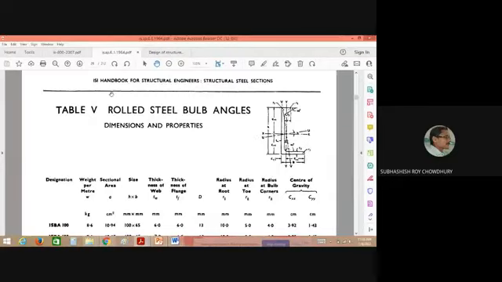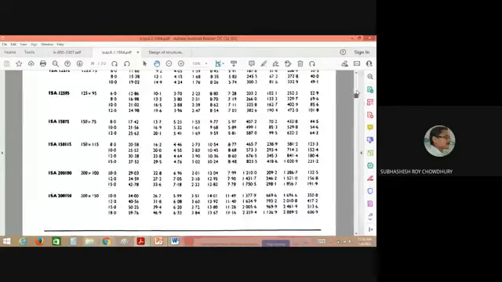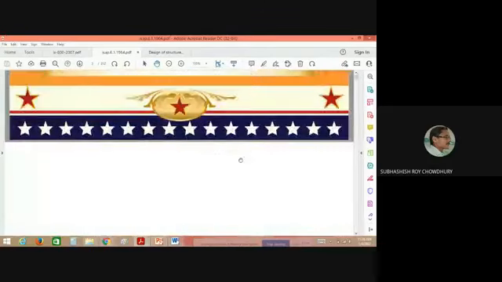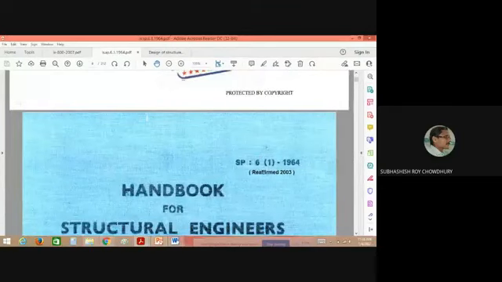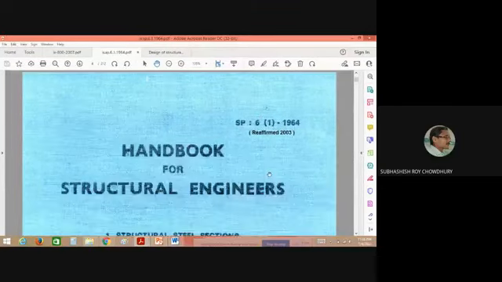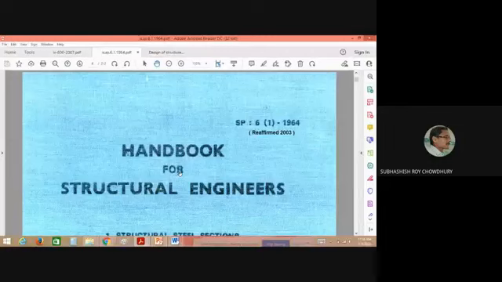So actually this particular handbook, if you go to the first page, you will see that it was first issued in the year 1964. Though it was reaffirmed in 2003, that means the cross-sectional properties that you are getting from this handbook are also valid at this moment. But please remember two things.